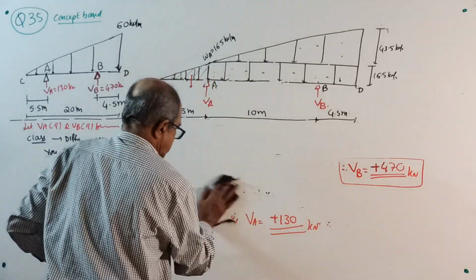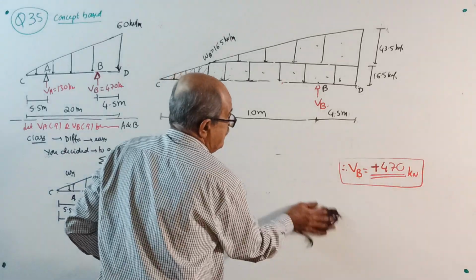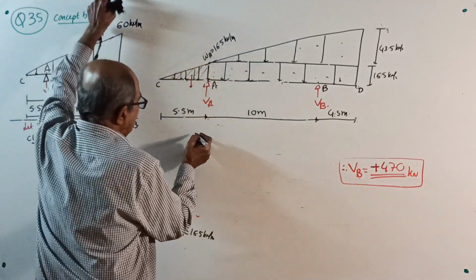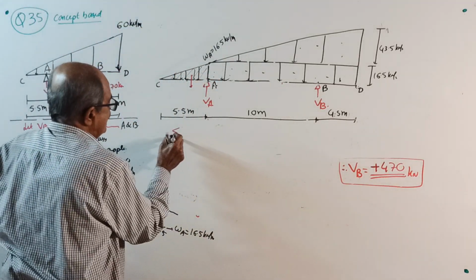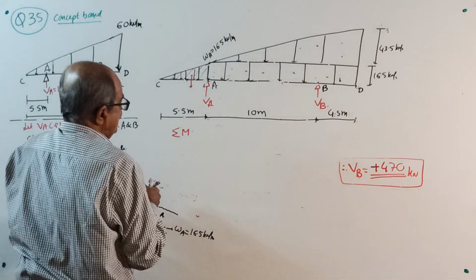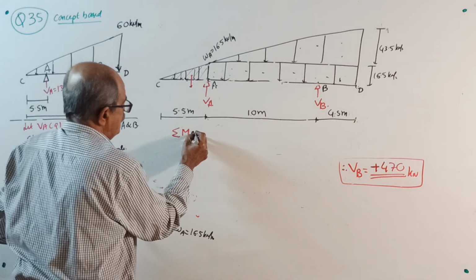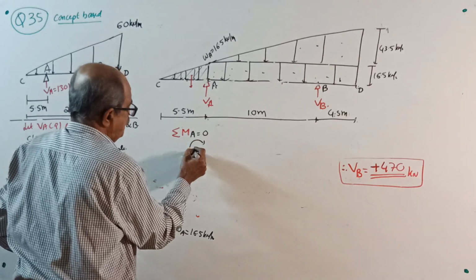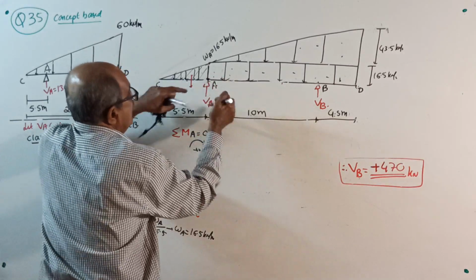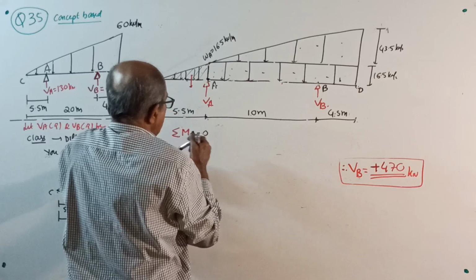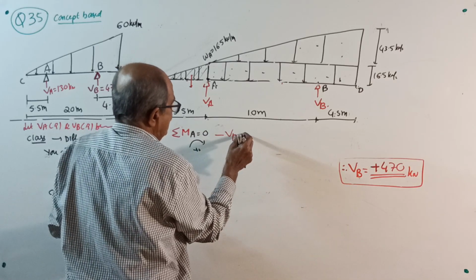Okay. Now, I removed sigma V by mistake. Then, sigma M about A equal to 0. Take clockwise positive. Take moment about A. Minus VB into 10, anticlockwise. I won't explain.